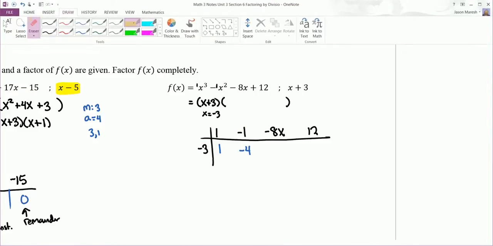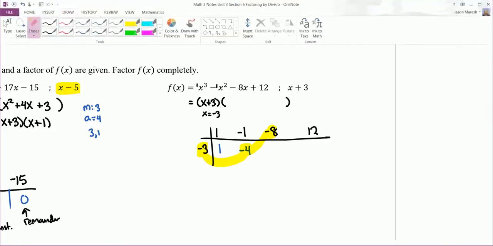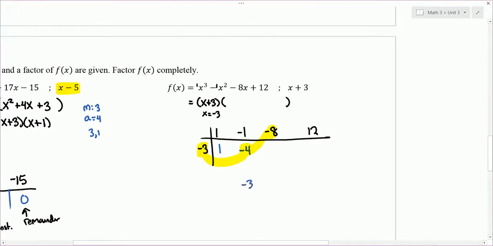And then -3 times -4 plus -8, and I don't know why I put the x there, I apologize. Erase that x. Shouldn't have any x's on this. So -3 times -4 plus -8. That's going to give you 12 plus -8, which is 4.